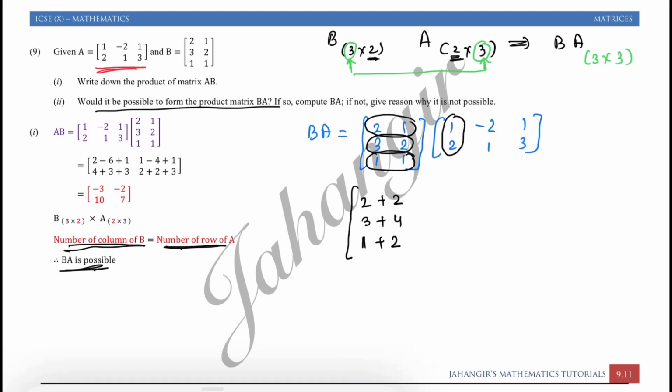Now we will do the same process with second row. So 2 2s are minus 4. 1 1s are 1. 3 2s are minus 6 plus 2 1s are 2. 1 2s are minus 2 plus 1.